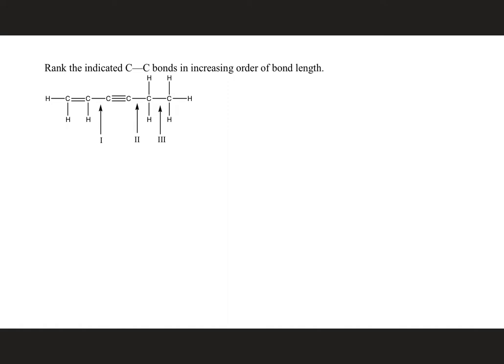Rank the indicated carbon-carbon bonds in increasing order of bond length. So what I'm going to remind you here is that an sp3 orbital is going to be bigger than an sp2 orbital, which will be bigger than an sp hybrid orbital. And the reason is the amount of s character.